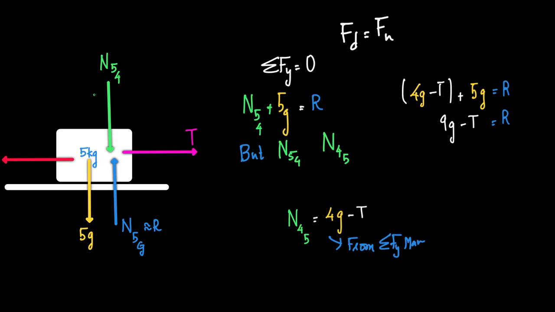But we know that these two are equal and opposite, so only the direction is different. The magnitude is the same. Therefore, N54 can be equated to N45. What is N45? We found out earlier to be 4g minus T. Therefore, instead of N54, I can write 4g minus T. So this complete equation becomes 4g minus T plus 5g is equal to R. 4g plus 5g is 9g. So we have 9g minus T is equal to R.